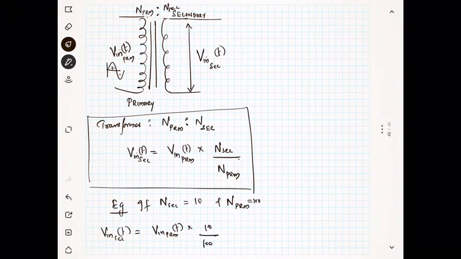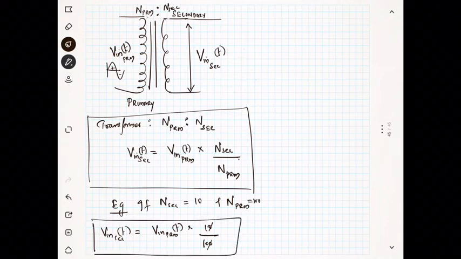Your voltage is only 1/10 of the primary voltage. That means if you give 200 volt here, this will become just 20 volt. That is how you can reduce the voltage. So this is the transformer.